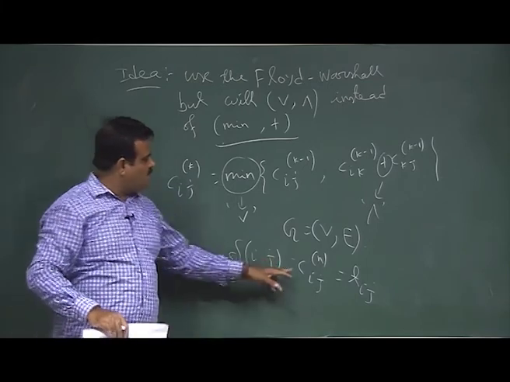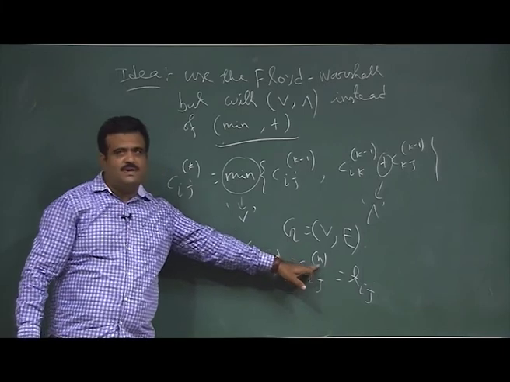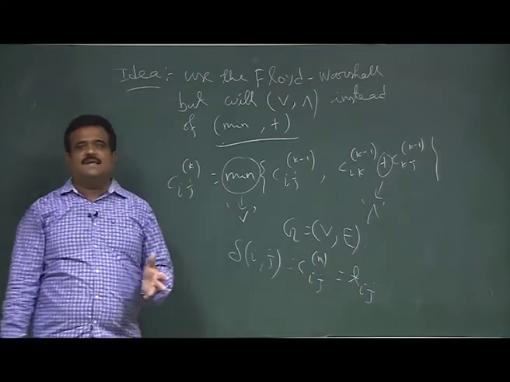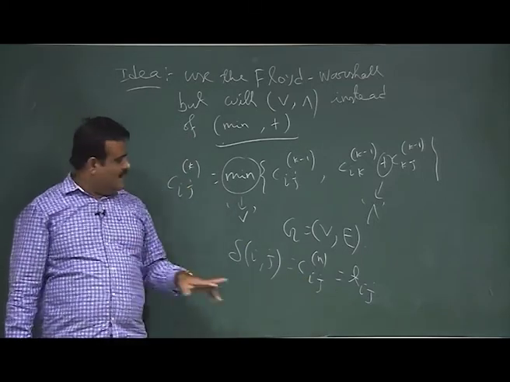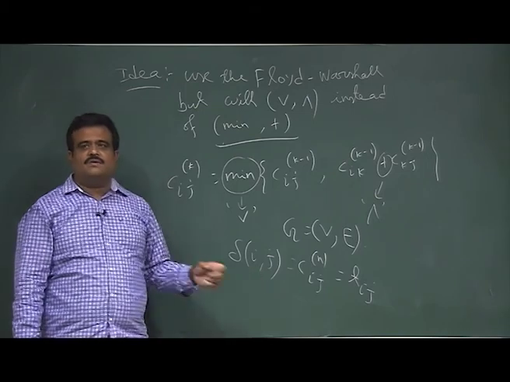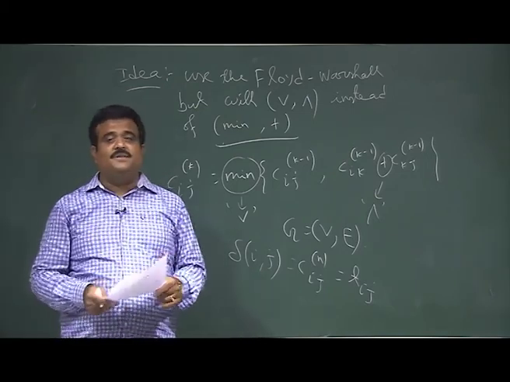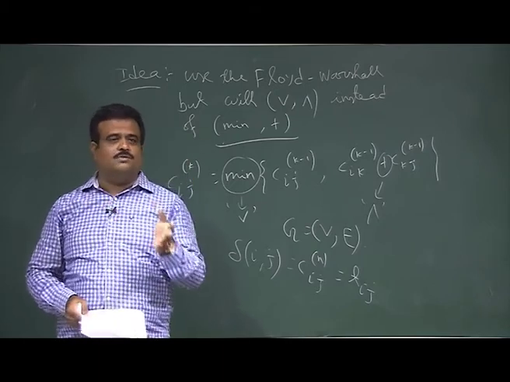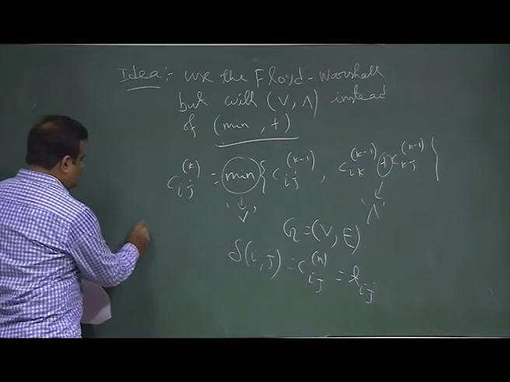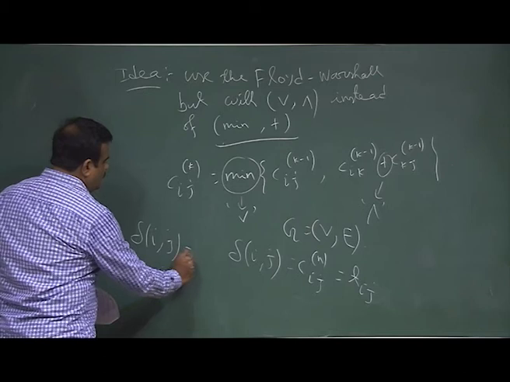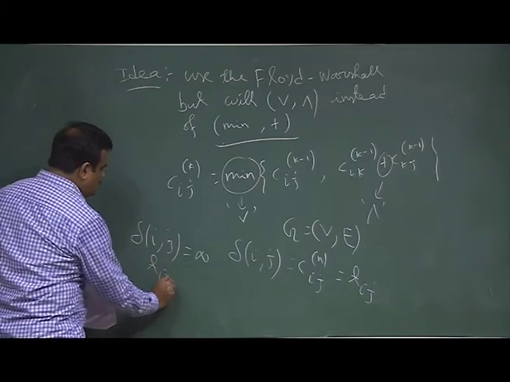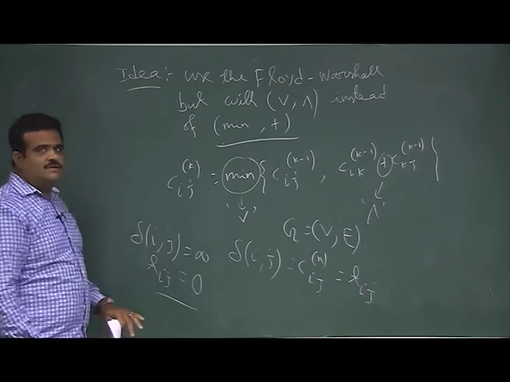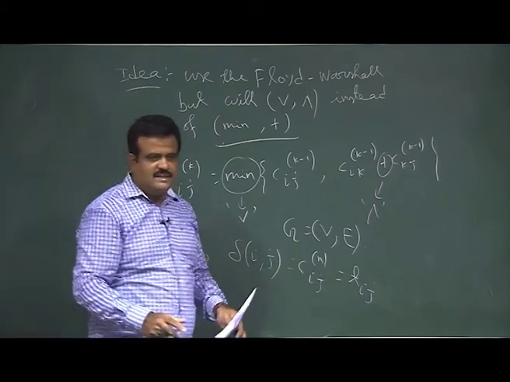If you run this for all the vertices, up to n, then eventually this will give us Tij if it exists. If delta is infinity, that means there is no shortest path, because here we are assigning weight 1 to each of the edges, so there is no question of negative weight. So if delta is infinity, then the corresponding Tij is 0. That means there is no path from i to j. So, that is the idea.